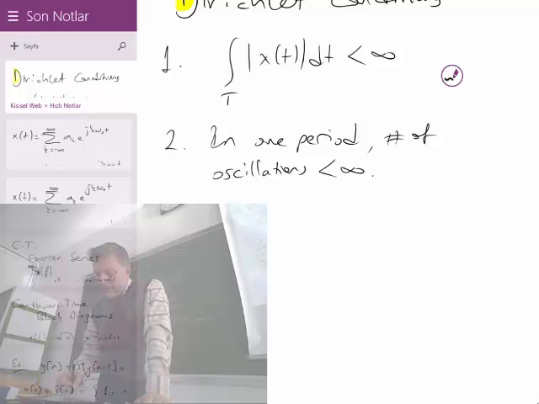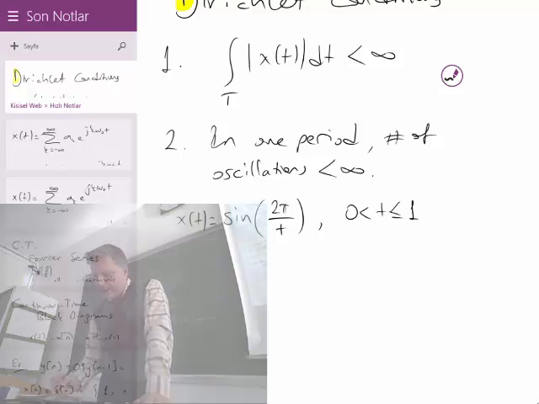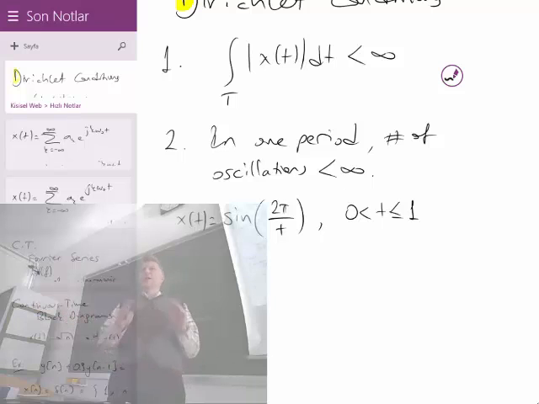But one such signal is this: x of t equals sine of 2 pi over t between 0 and 1, and then it repeats itself. So I'm defining the signal within a period, and then I'm repeating it to make it periodic.